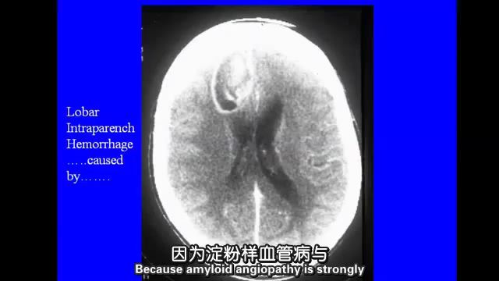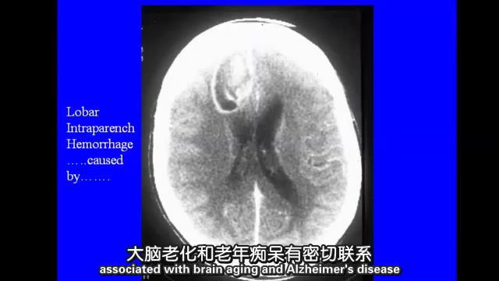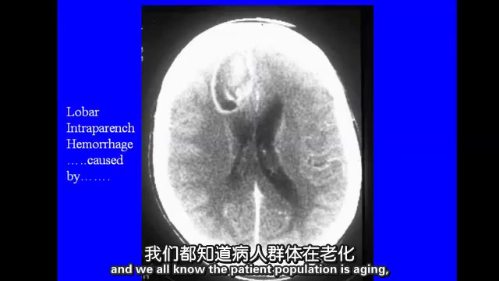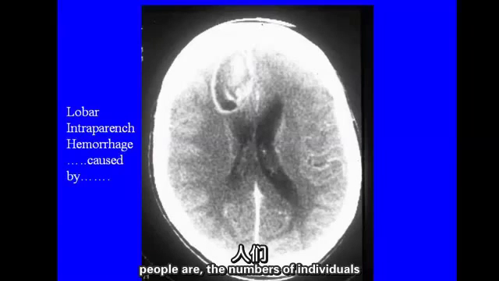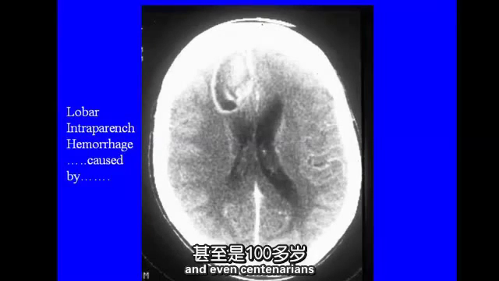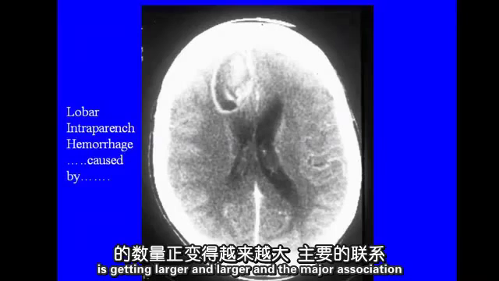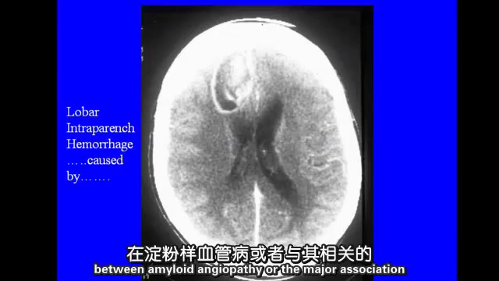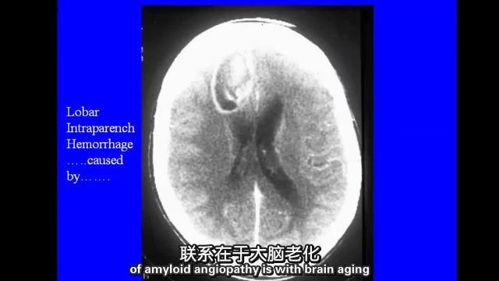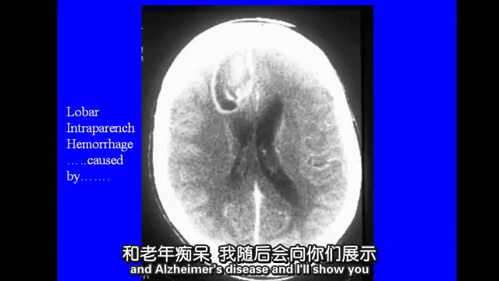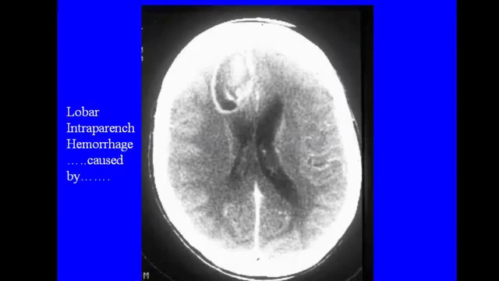Because amyloid angiopathy is strongly associated with brain aging and Alzheimer's disease, and we all know the patient population is aging. The number of individuals who are living to their 80s and 90s, even centenarians, is getting larger and larger. And the major association of amyloid angiopathy is with brain aging and Alzheimer's disease, and I'll show you the biochemical links to them in a minute.